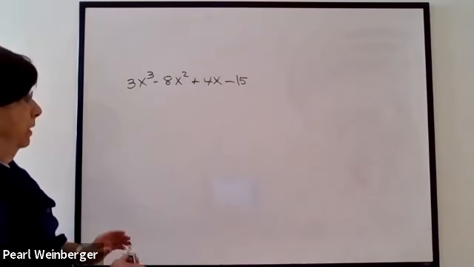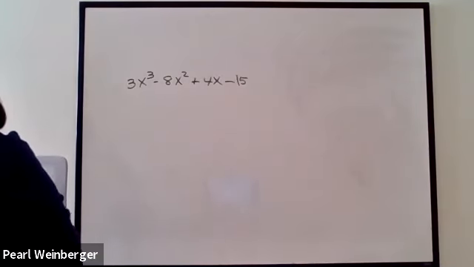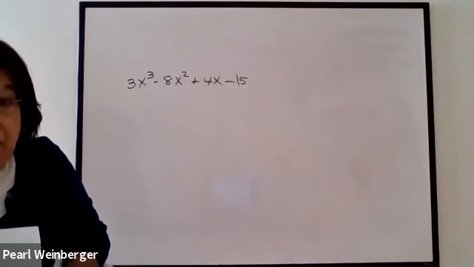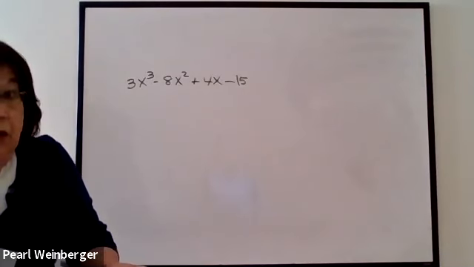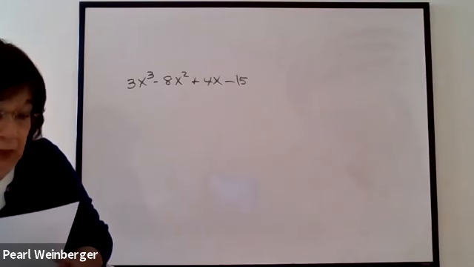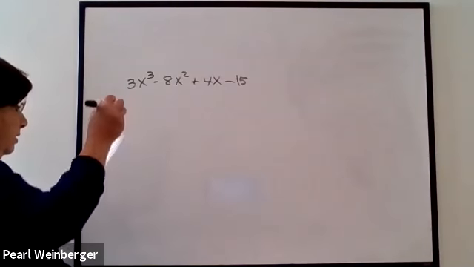Nothing can be combined. We can only combine things that are called like terms. When we have like terms, the coefficients, the numbers in front, can be different, but the letter parts have to be identical. So let's say I gave you an expression that looks like this.